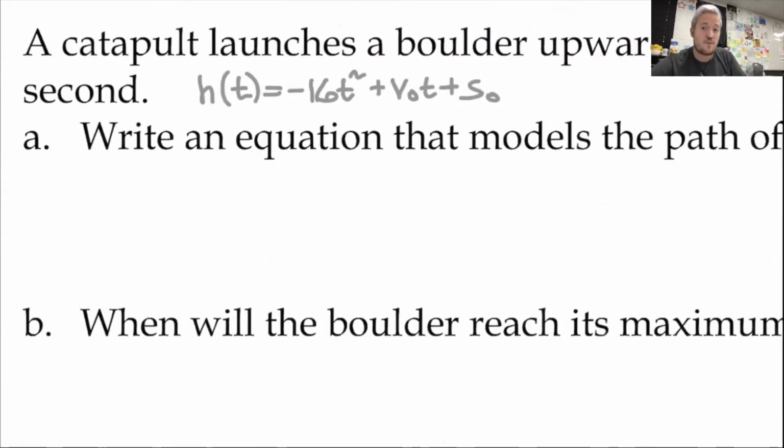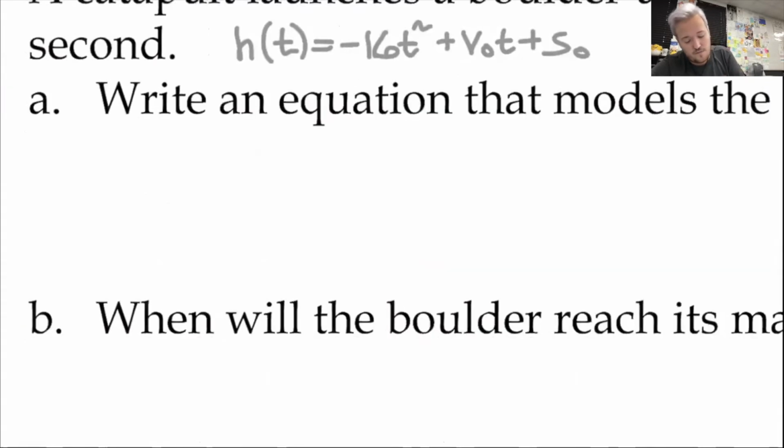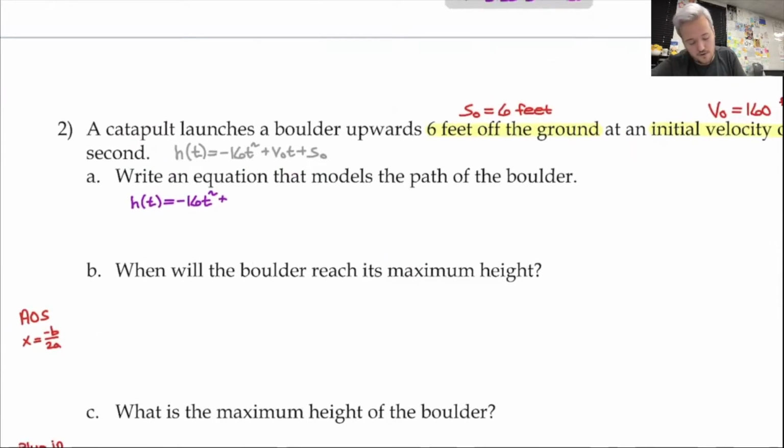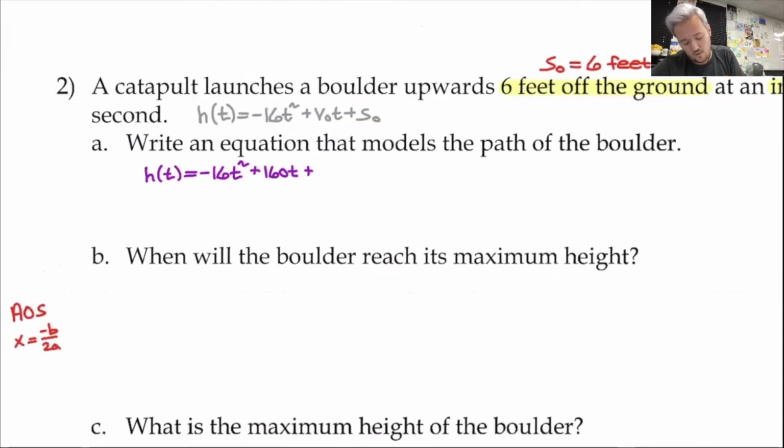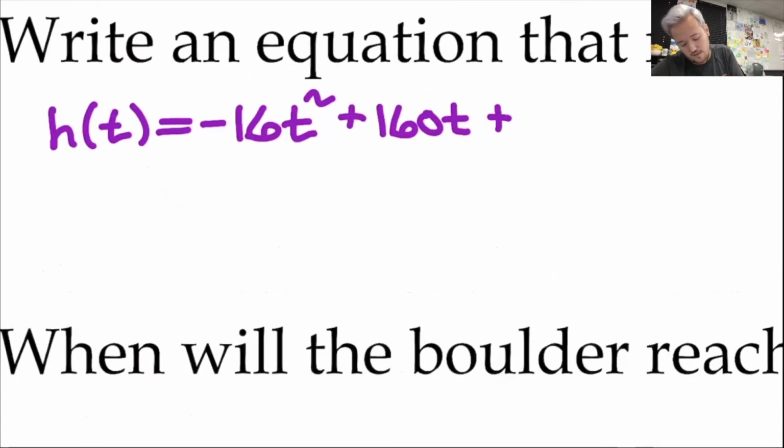So remember, we're only plugging in for the velocity and for the position or the height. So our equation here is going to represent negative 16t squared with a velocity of 160 and a position or height of 6.